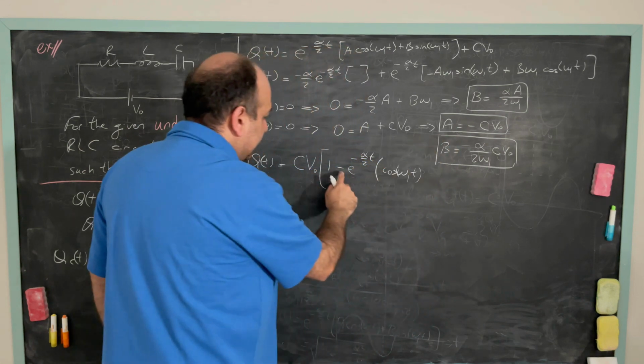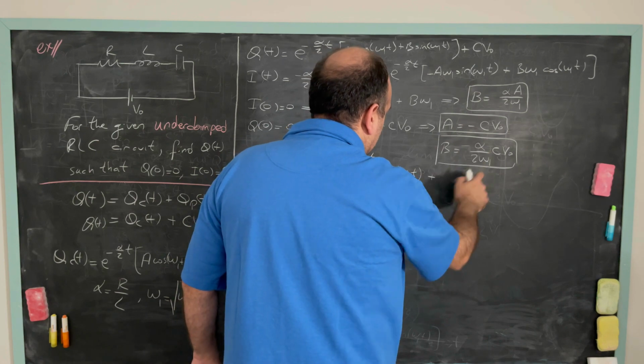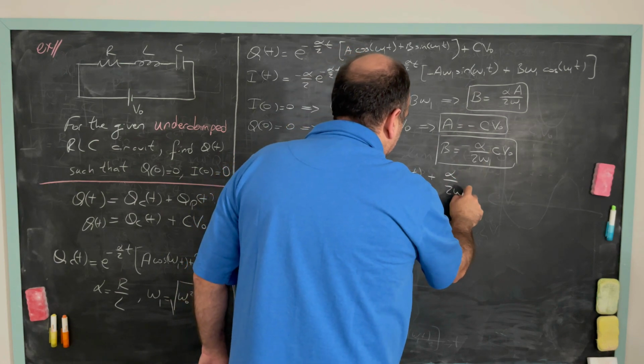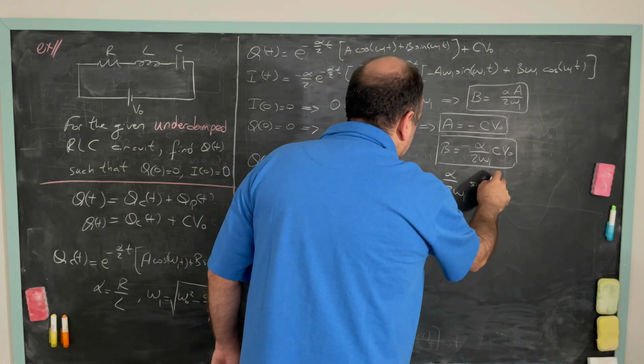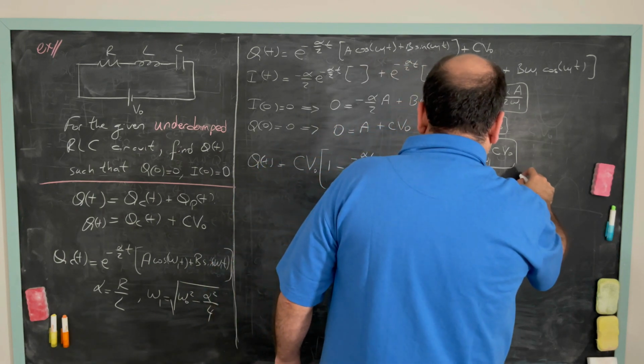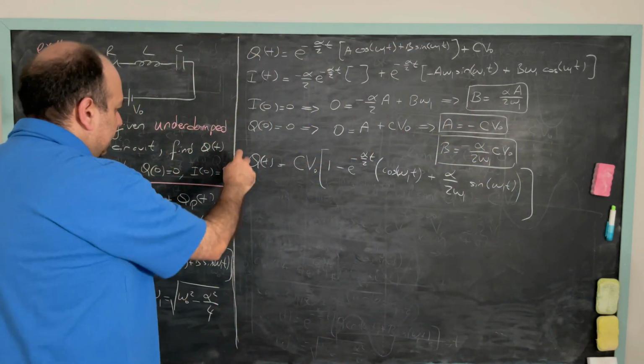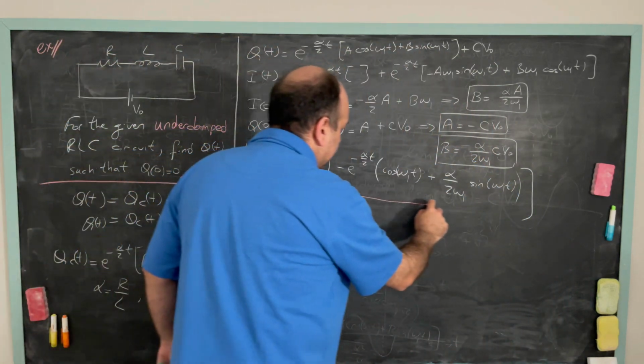I put the minus out here, then I'll have plus alpha over 2 omega 1 sine omega 1t. We close this parenthesis and this one too. So this is our answer.